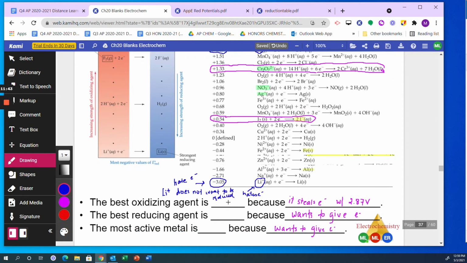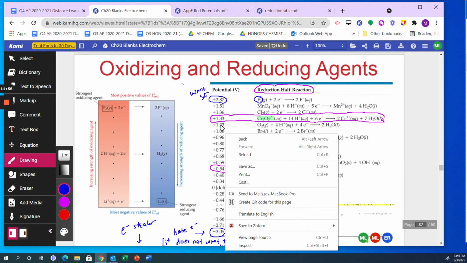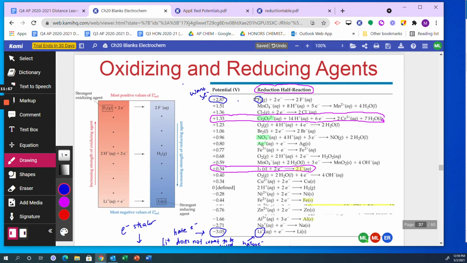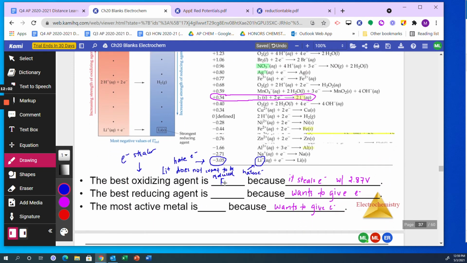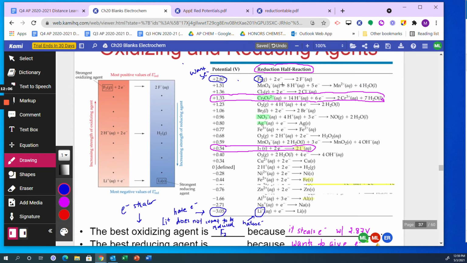So the best oxidizing agent is the electron stealer. Who wants to steal electrons? It would be F2 because it wants to be reduced. Positive, you get a voltage of positive 2.87 volts when it steals electrons.